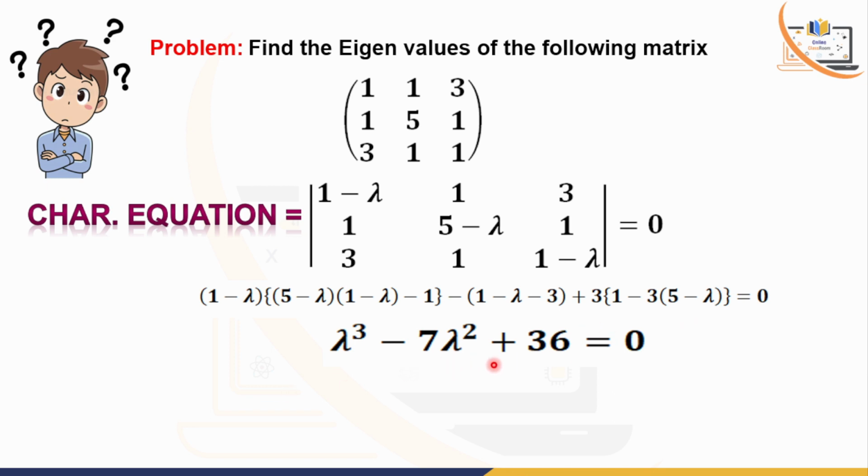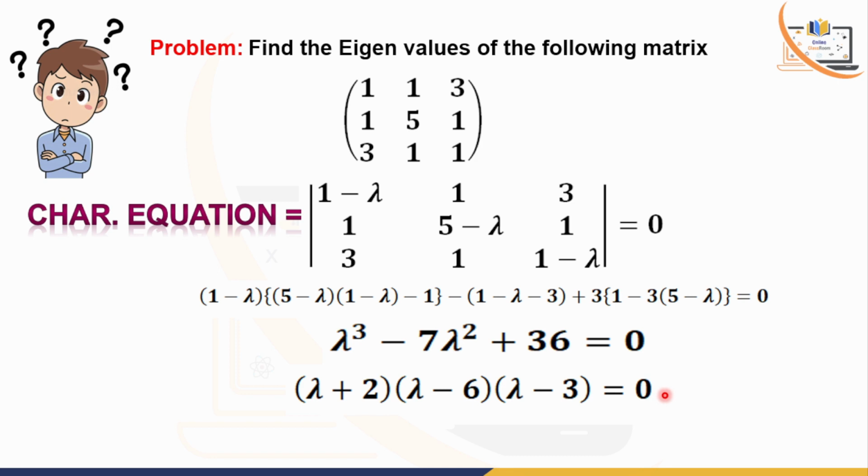You get this kind of equation. Now we have three factors here. If you apply the vanishing factor method to lambda cube minus 7 lambda square plus 36 equal to 0, obviously we have three factors of lambda. The first factor is lambda plus 2, the second factor lambda minus 6, the third factor lambda minus 3 equal to 0.